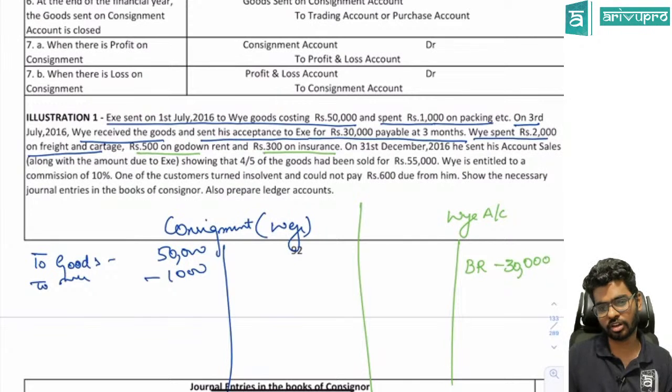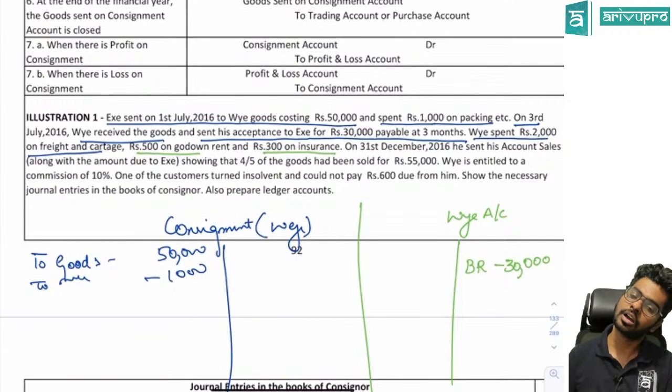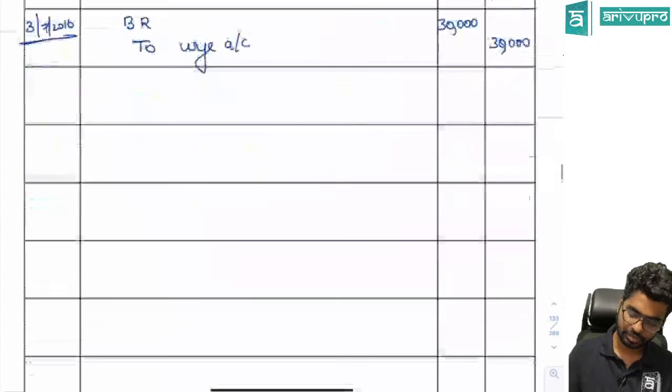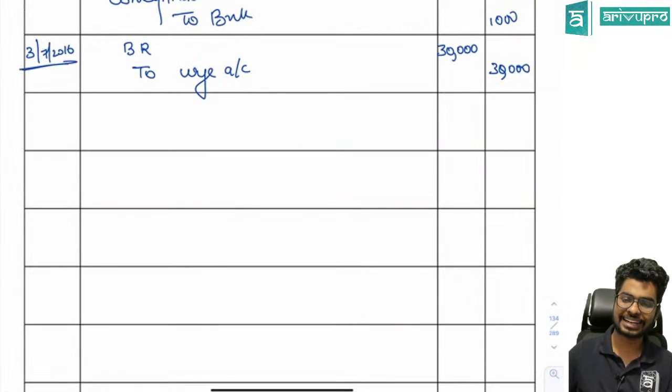Sri Charan, you are wrong, I guess. Guys, what's going to be your journal entry? Thank you, Sabrish. So, it is going to be consignment to consignee, which is Y in this case.